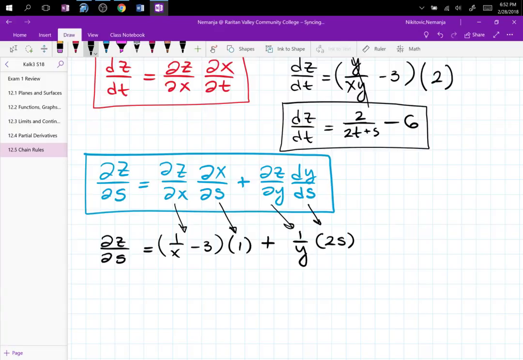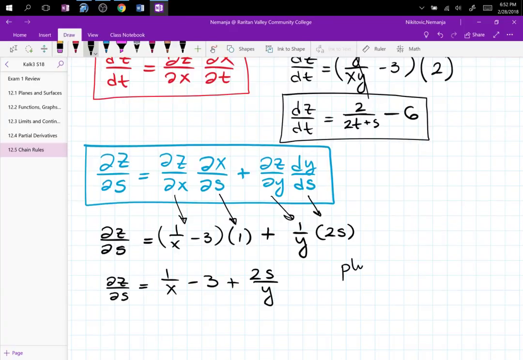Simplify. Partial z, partial s is equal to 1 over x minus 3 plus 2s over y. Plug in x and y.